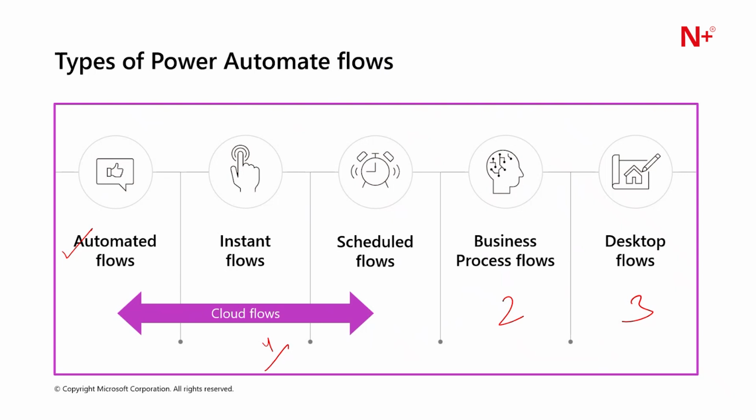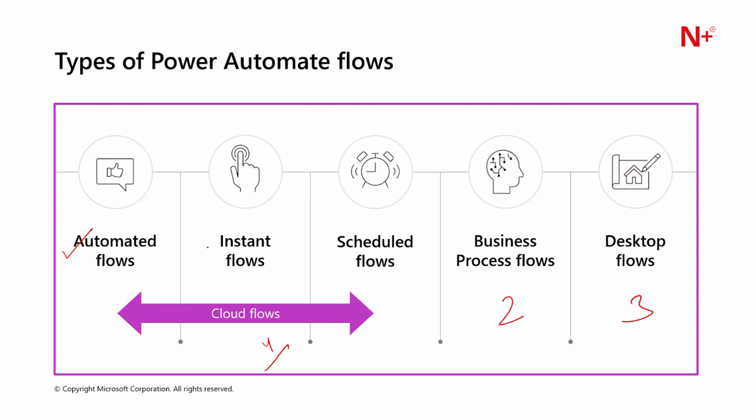Think of it like the moment you receive a calendar invite, and you want to check your availability and accept or reject the invitation accordingly. Automated flow could be the right choice for that, because the moment you receive an email invite, your calendar can be checked, and it could be auto accepted or rejected based on your availability. So that is automated flow.